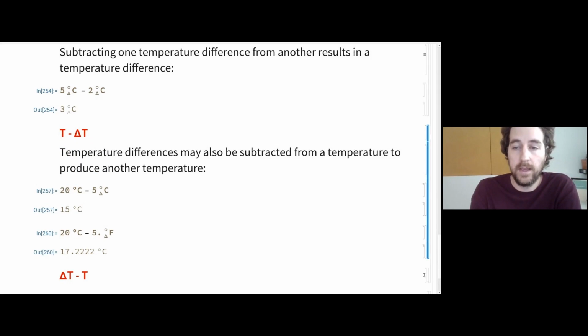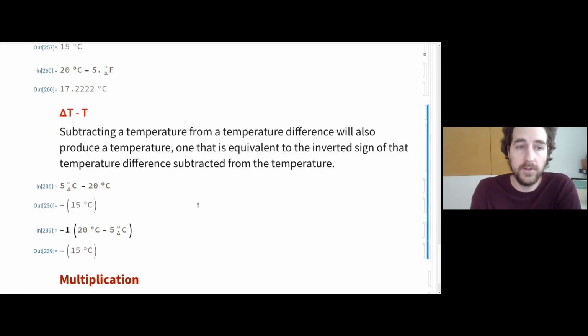If you were to take a temperature difference and subtract a temperature, we effectively get the same operation as reversing the difference and then multiplying by -1. So this is a somewhat counterintuitive result when you first look at it, to say 5 degrees Celsius difference minus 20 degrees Celsius is minus 15 degrees Celsius, but it's fundamentally the same operation here.